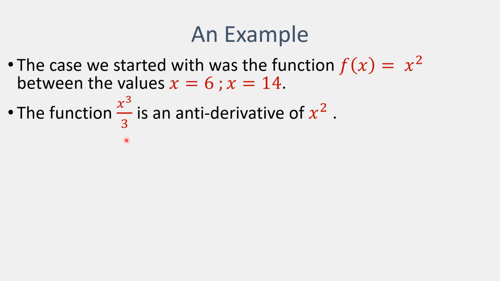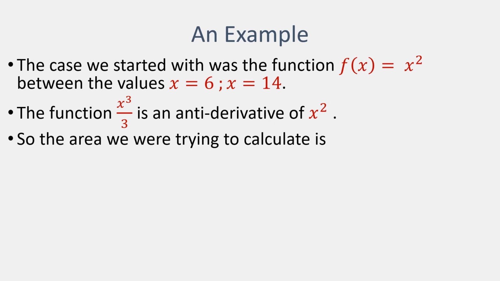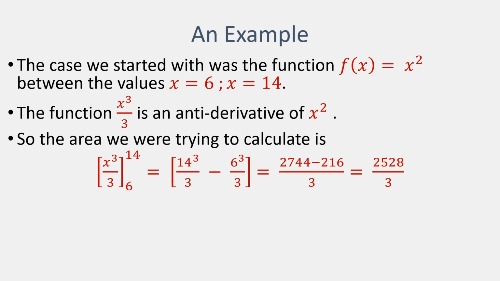If we differentiate this function, 3 times a third is 1, and we have 1 removed from the power, and so we recover x squared. So if we look at the area we are trying to calculate, that turns out to be, we evaluate the antiderivative function between 6 and 14. That gives us this expression here, which if we simplify it, turns out to be this quantity.